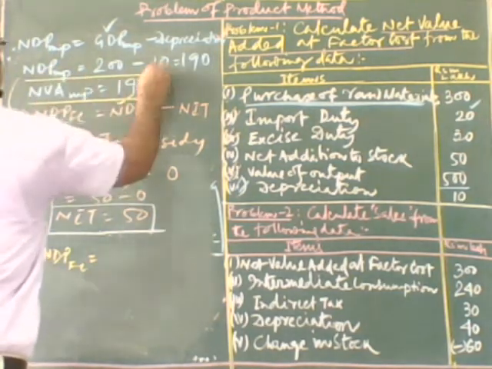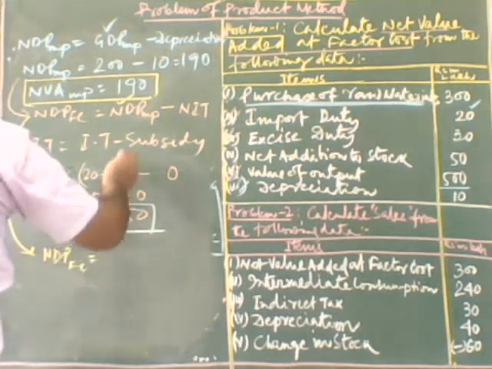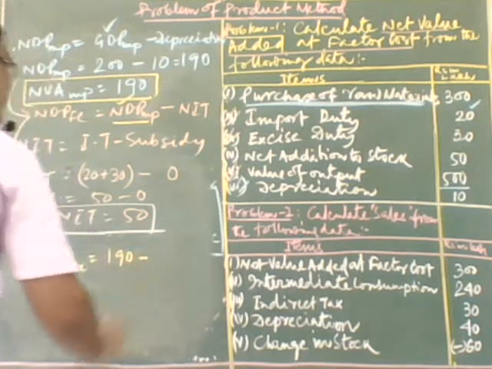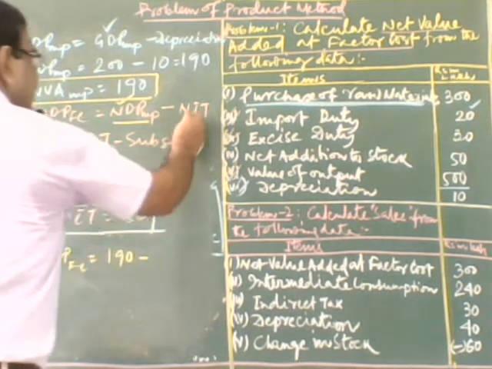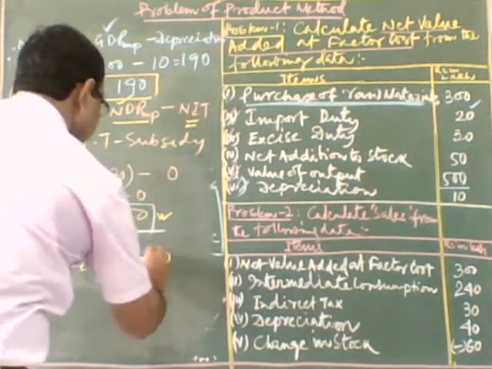NDP means NVA at market price, that is 190. You have to put this value 190 in this place. 190 minus NIT value. NIT you have already calculated, that value is 50. You have to put the value 50.